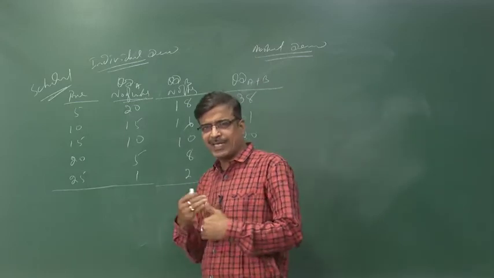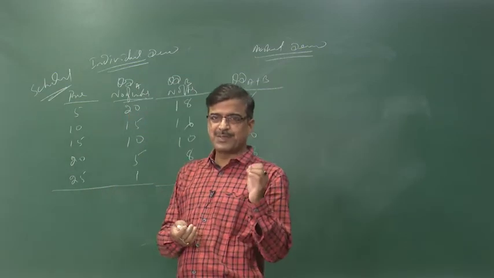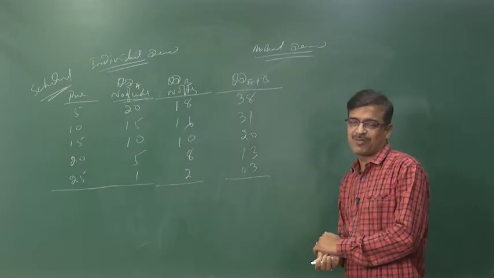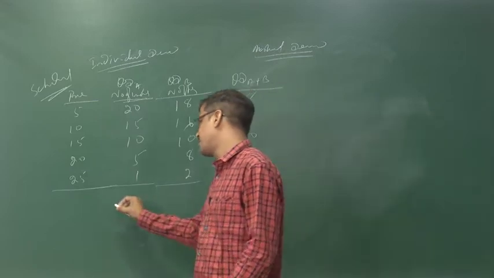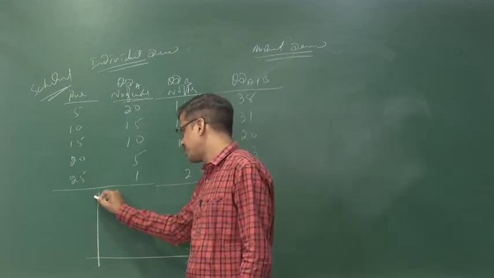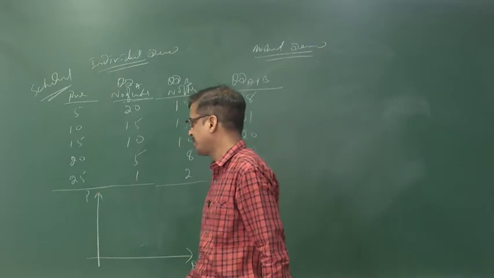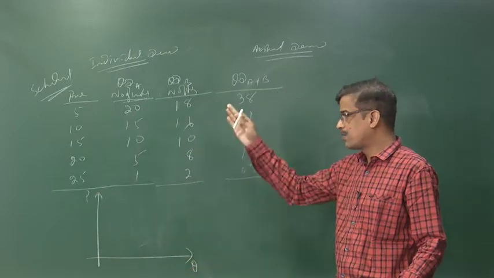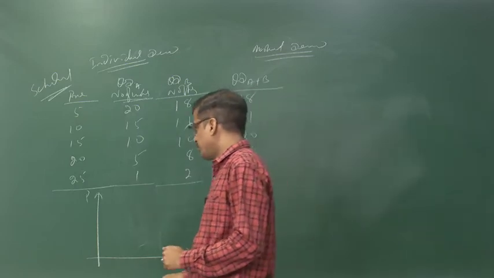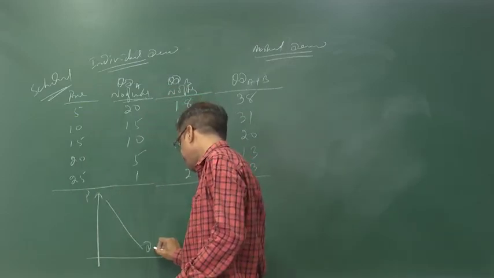Now, if we explain with the help of a curve, that is called the individual demand curve. If you express it in terms of a graph, on the horizontal axis we take the quantity demanded, or simply the quantity, and on the vertical axis we take the price, right. So, if you plot the price individually, you find this is the demand of A, right.